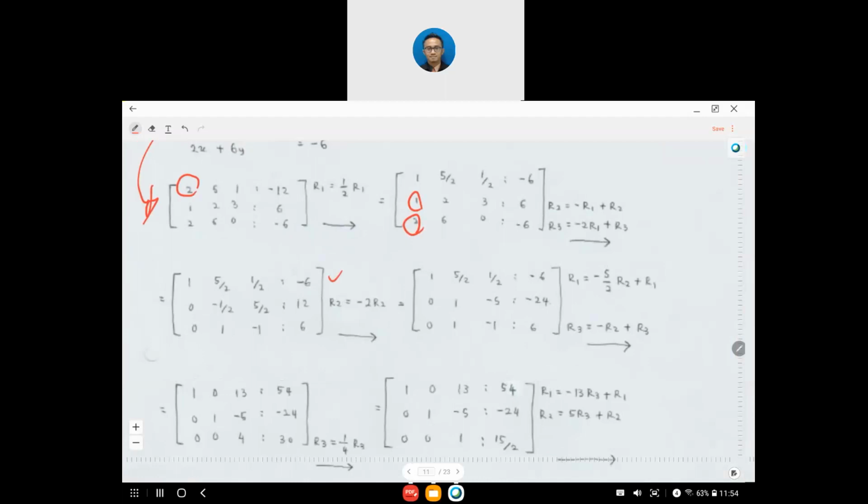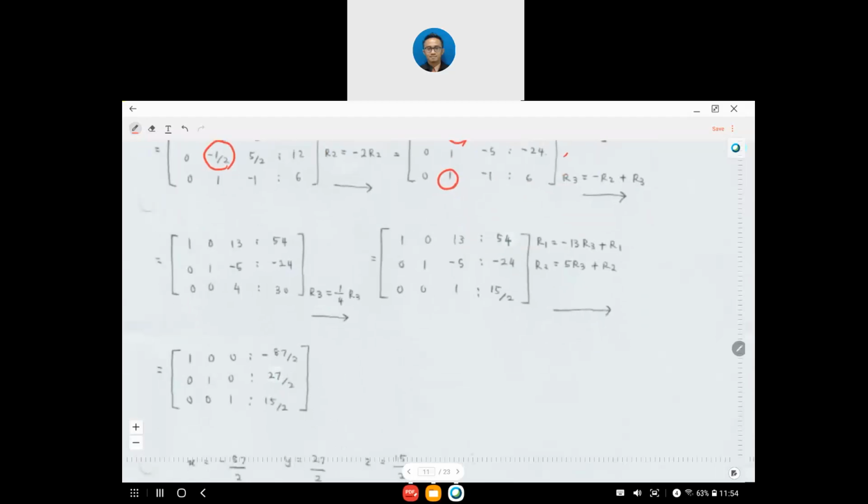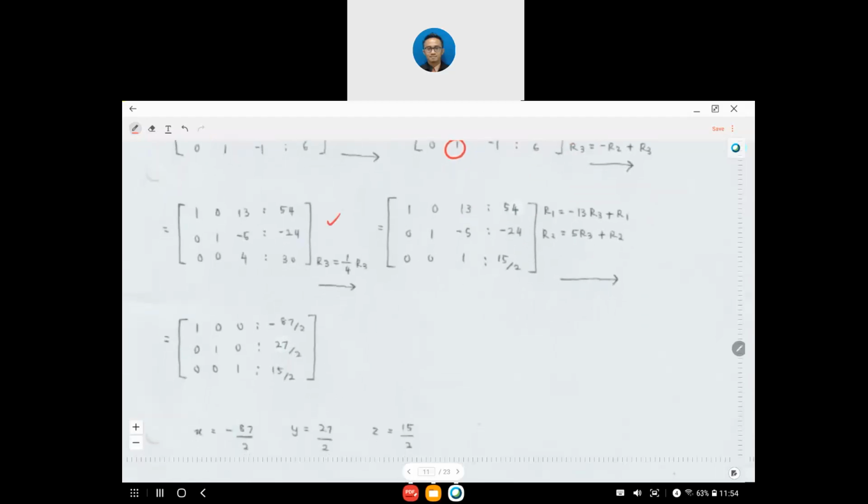Next, you like to make the middle one 1. Making it 1 is fine, doesn't matter. You can choose any method that you like. Okay, like that. And then next, you want to change. After that one become 1, so you want to change this value become 0. Okay, and then you can get this matrix.